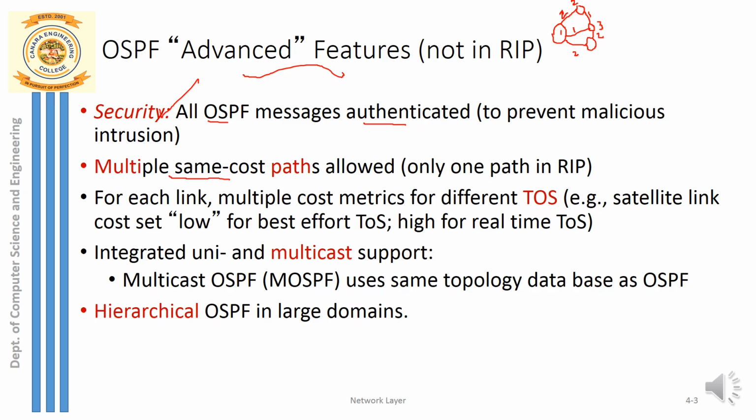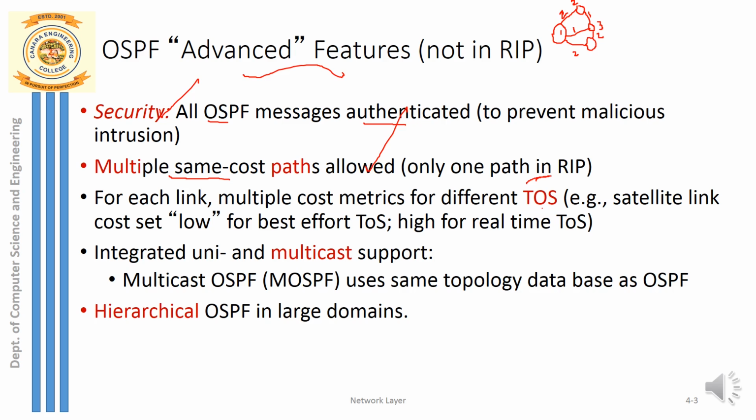We call this multiple paths, which is allowed in OSPF. We may have multiple paths in RIP also, but that is not considered. In OSPF, such multiple same cost paths are considered. That is the difference. And why are we considering multiple same cost paths? That is actually for providing different types of service.